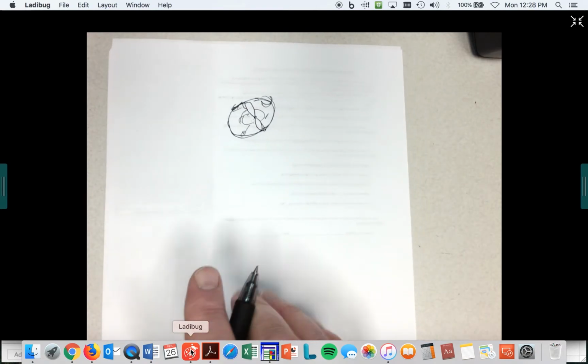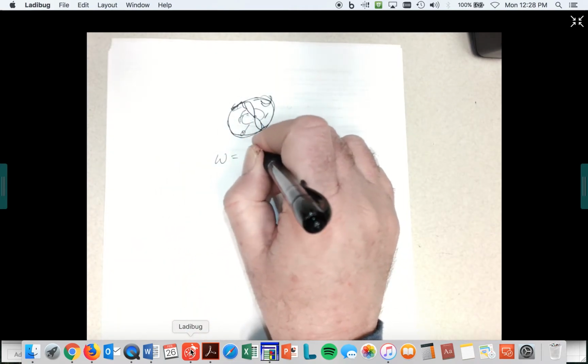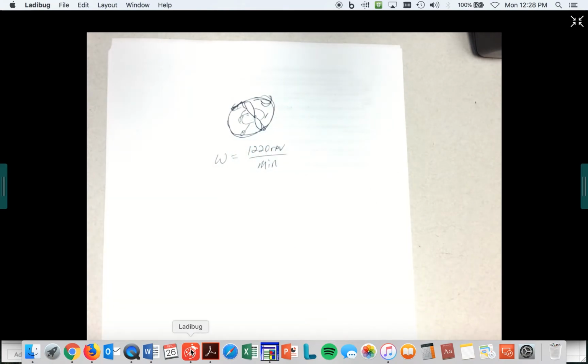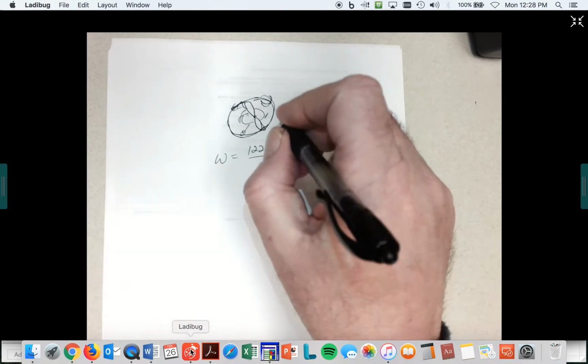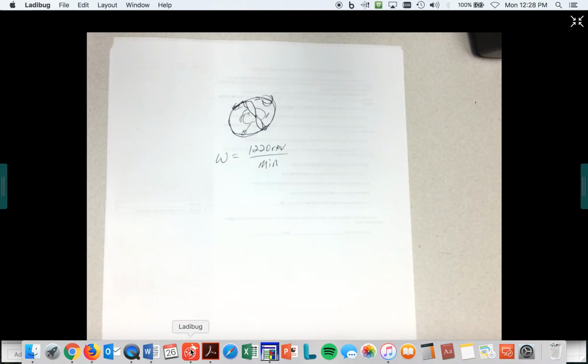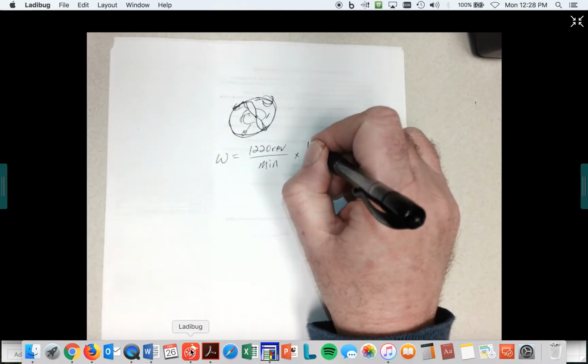Okay, so it's got an angular speed, omega, equal to 1,220 revolutions per minute. How do I get that into radians per second, which is also an angular speed? All I've got to do now is get rid of my minute.